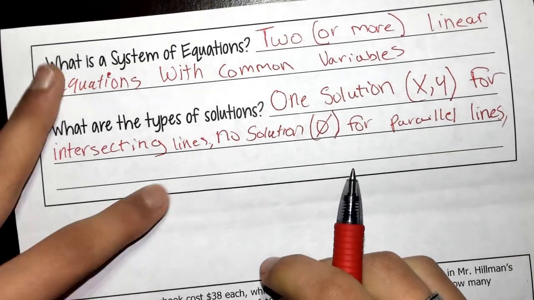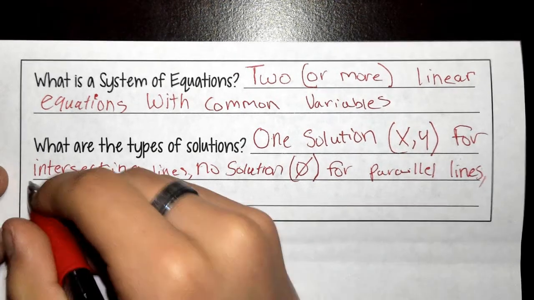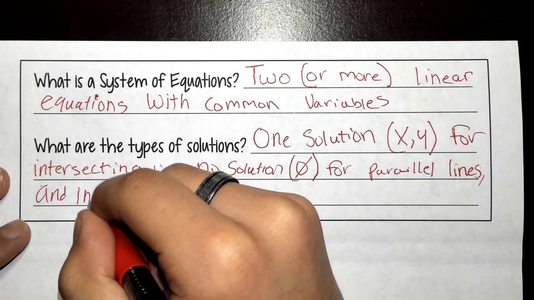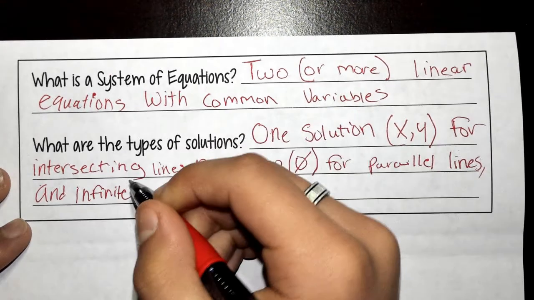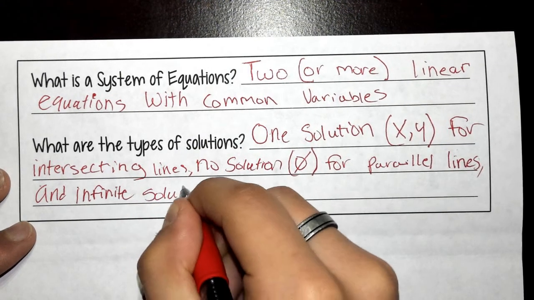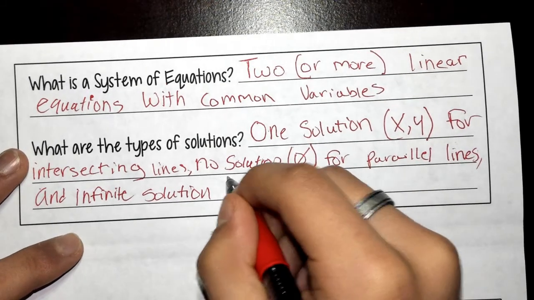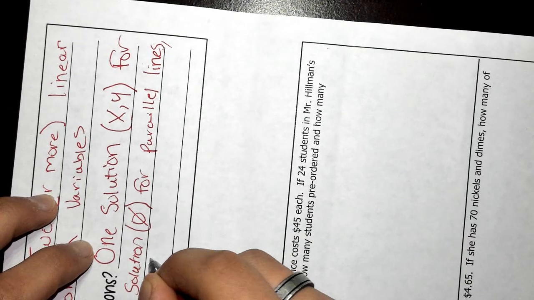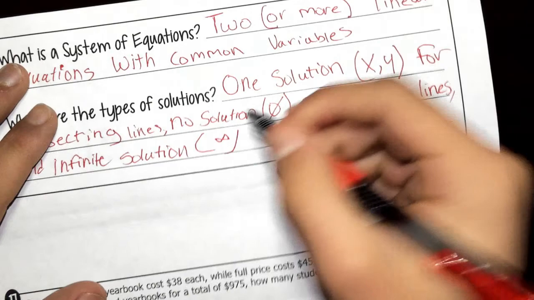Comma, and infinite solutions would be infinity for identical lines.